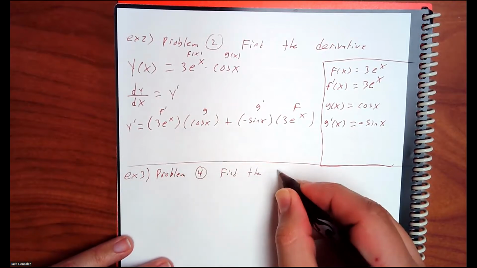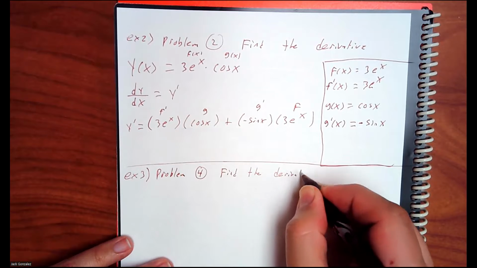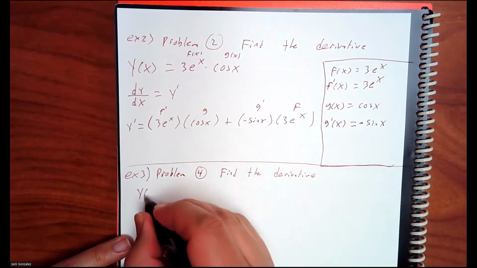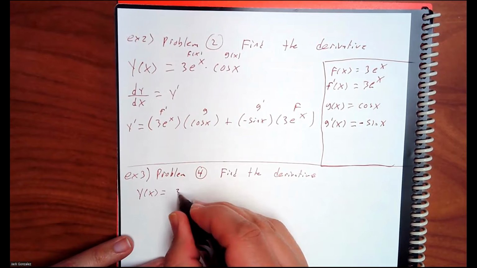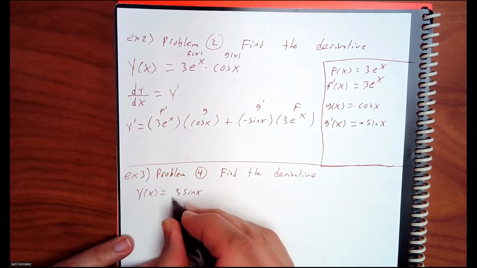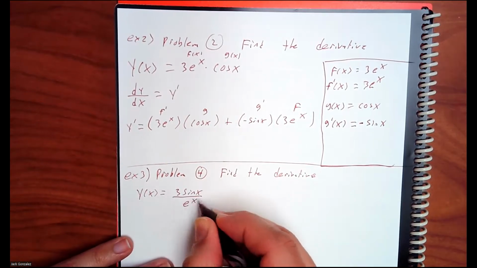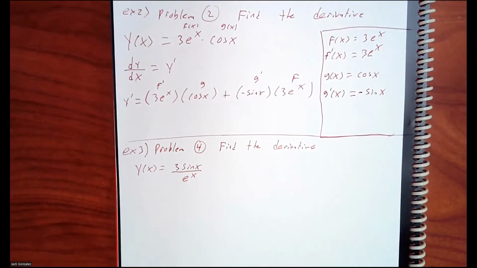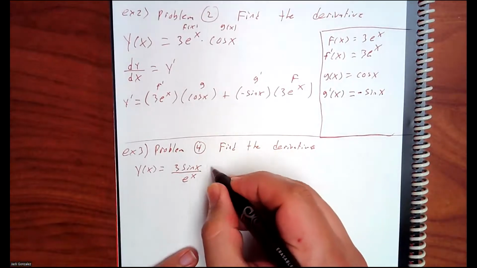Find the derivatives. y of x equal to 3 sine x over e to the x. So you have a quotient. We will start the same.